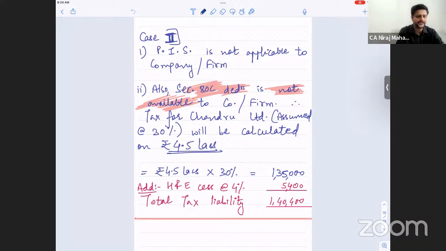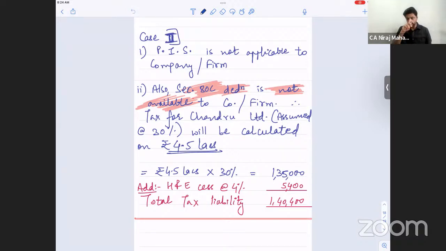And obviously it is a dual condition: your non-agri income has to be more than your basic exemption limit, depending on which category is applicable to you. When both these conditions are satisfied, the partial integration scheme is applicable.